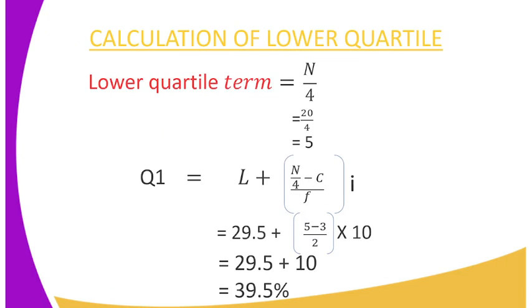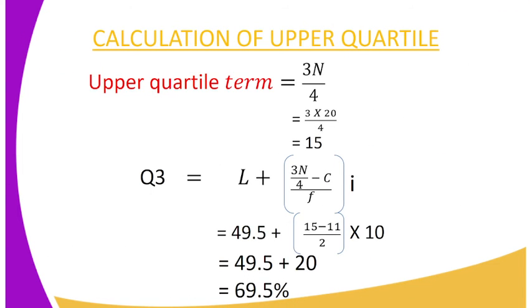After dividing, you will get the last answer being 10 instead of 20. So you take this 49.5, you add 10, you will end up getting 59.5. That is the upper quartile.